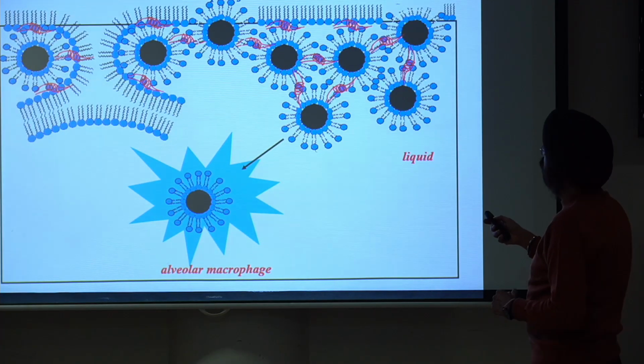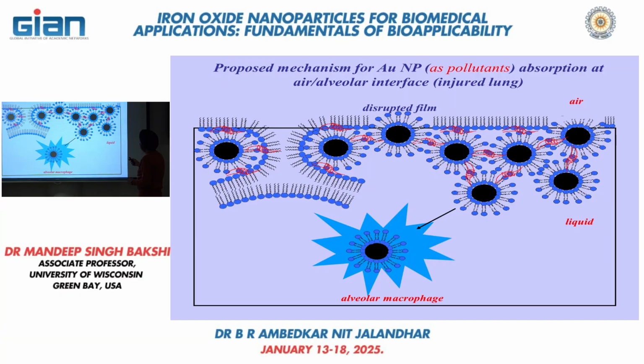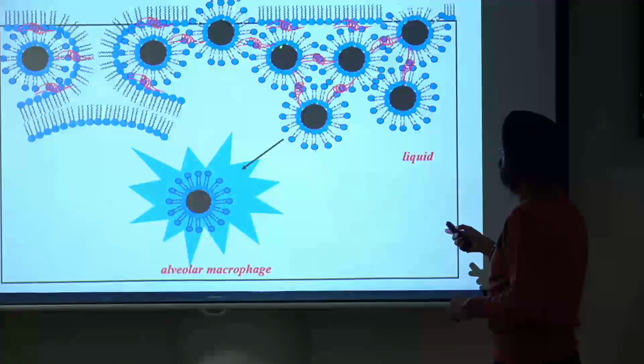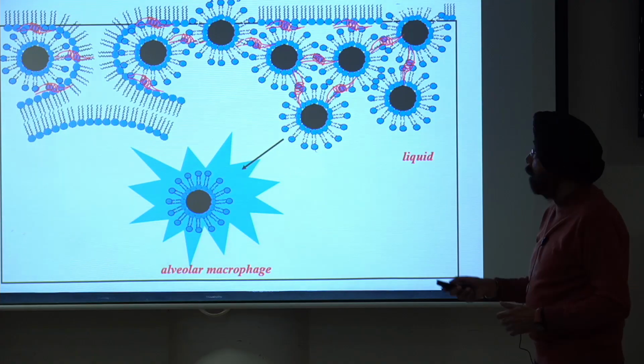Proposed mechanism for the pollutants absorption at the air alveolar interface. Injured lung means impeding the functioning of the lung. How is that working? These are the gold nanoparticles. All the pollutants, where are they coming from? They are coming from the air, not from this side.